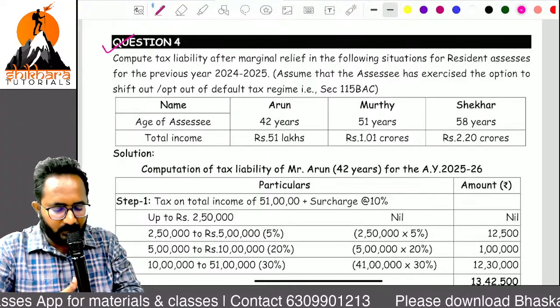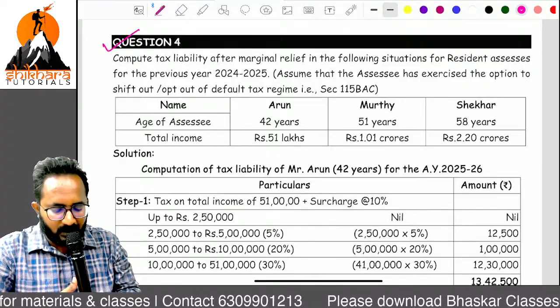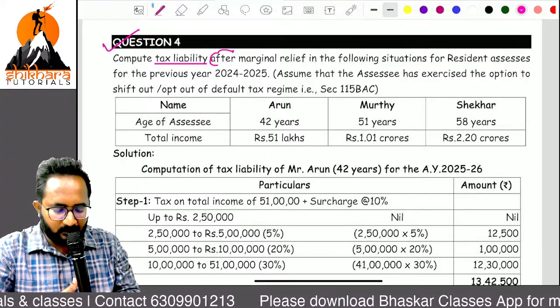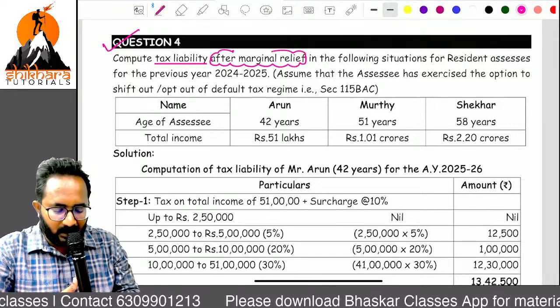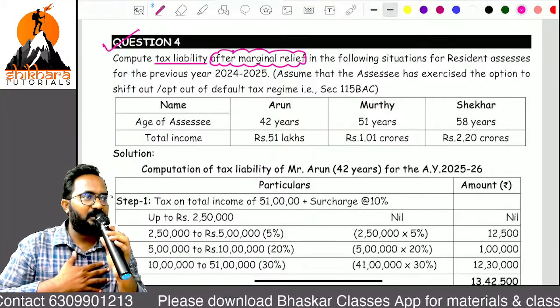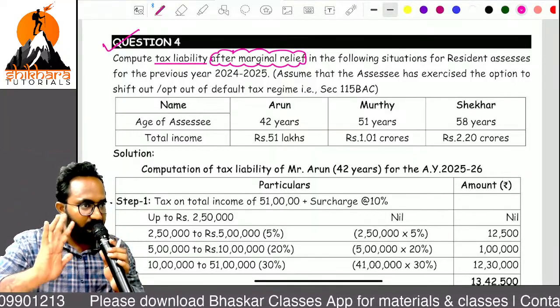So reading of the question is very important, ma. Yes, compute tax liability, but they have directly given, sir, please compute the tax liability after marginal relief. Luckily they have given the hint also. Here maybe you can get the marginal relief.